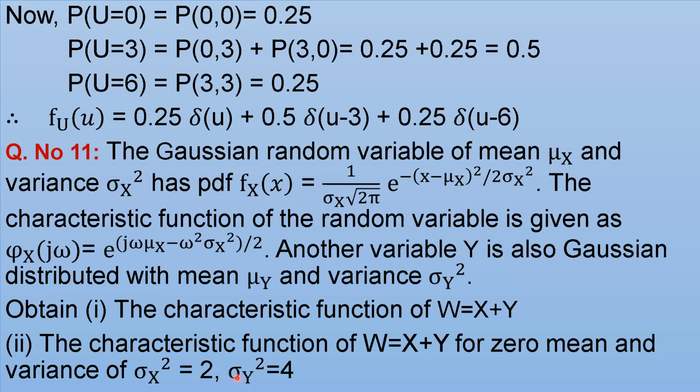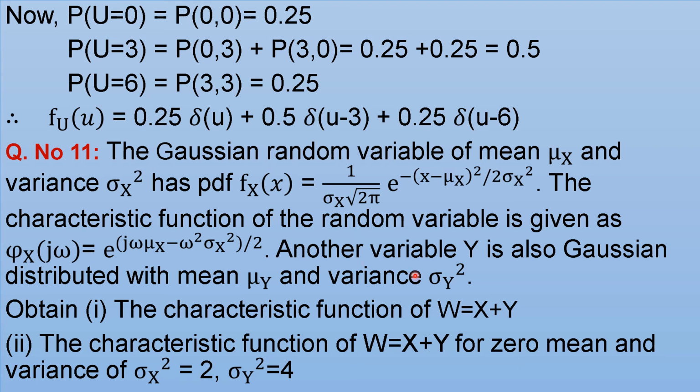You have to get the characteristic function of the sum first, then the characteristic function of the sum when the means mu x and mu y are zeros and the variances sigma x square is equal to 2, sigma y square is 4.